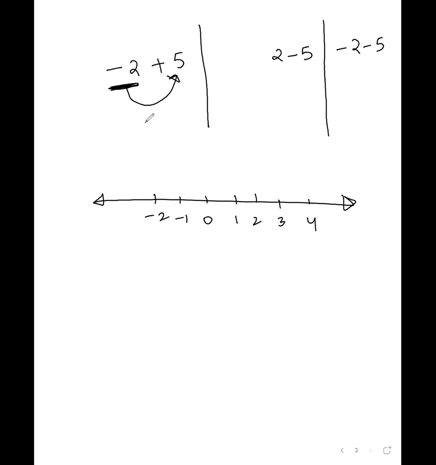You start at minus 2 and then you move 5 units to the right. 1, 2, 3, 4, 5. Where have we reached, Hiba? 3. So the answer to this one is positive 3. Very good.